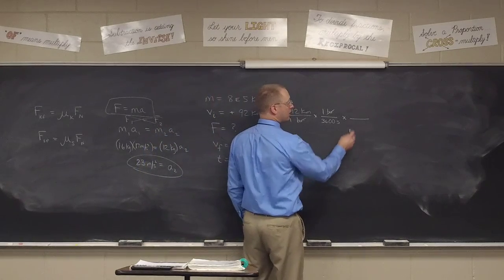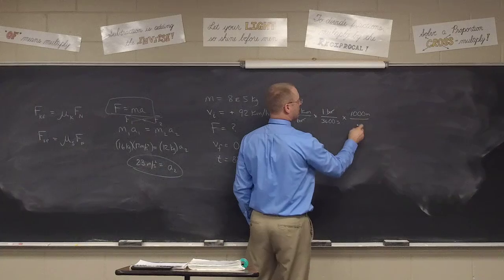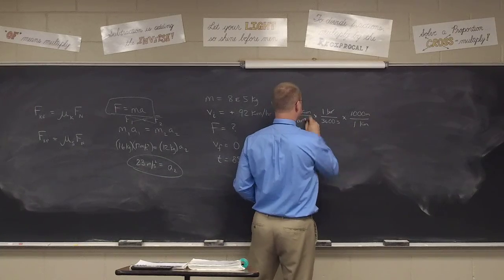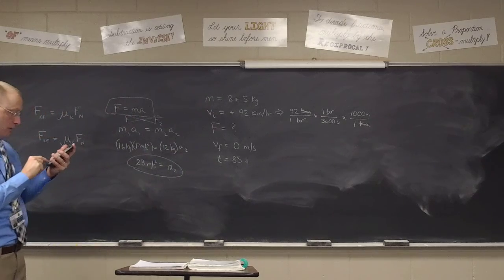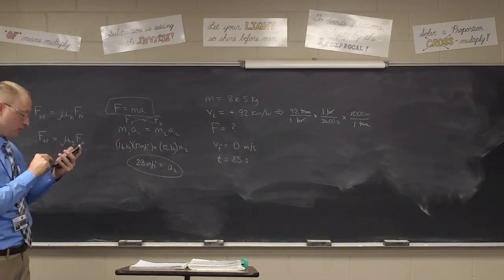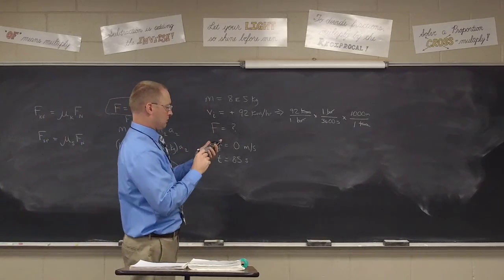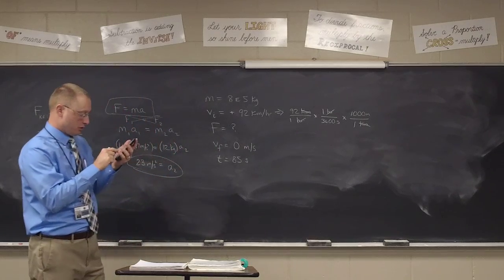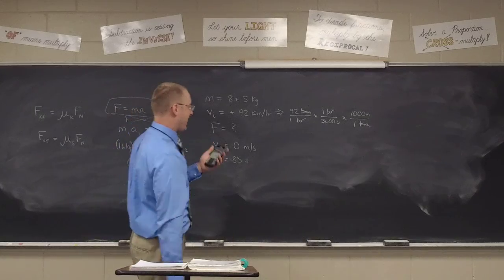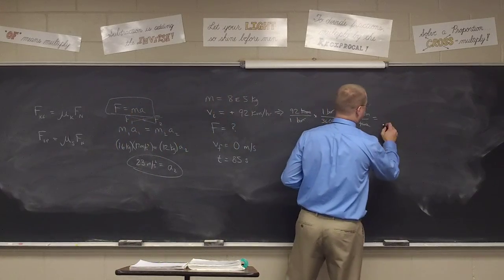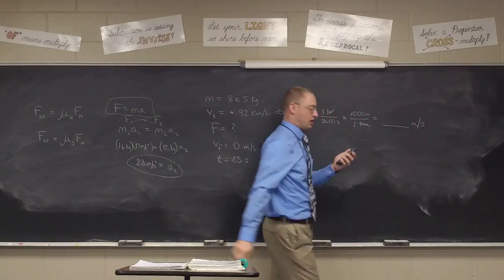So 1,000 meters and 1 kilometer. There we go. That'll cancel the kilometers away. So we got the 92 times 1,000 divided by 3,600. I think I did times 3,600. That's no good. 92 times 1,000 divided by 3,600 gives me how many meters per second was this thing going?